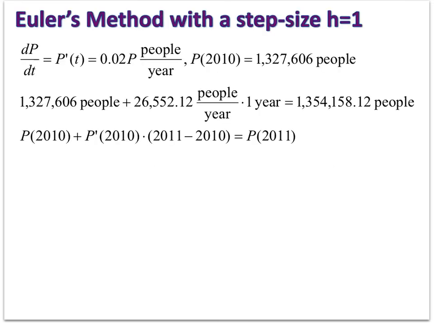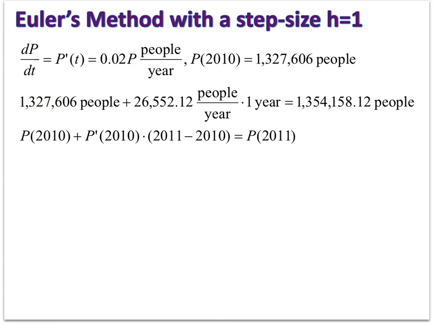So going back to this example, I have my differential equation, which is my rate of change, which was given to me, and I can make predictions based off of an original. This gives me my original population.